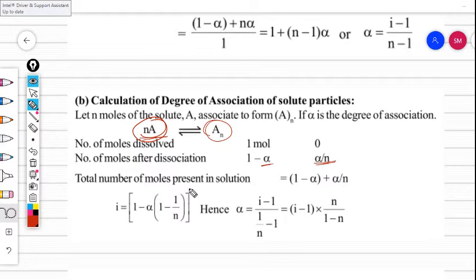If you simplify, i will be 1 minus alpha into (1 minus 1 by n). So alpha will be (i minus 1) by (1 by n minus 1).